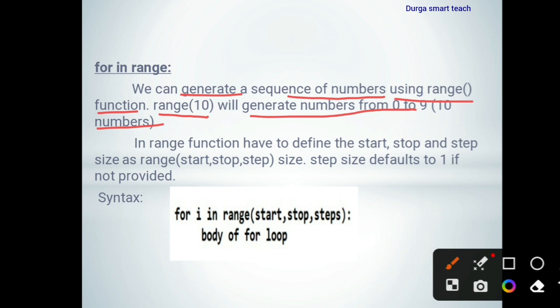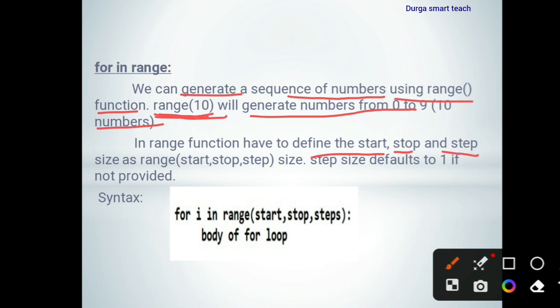The range function is used to generate a number of numbers. So if you want to generate 10 numbers, you need to use range of 10, which will generate 0 to 9. In the range function you can define the start, stop, and step.